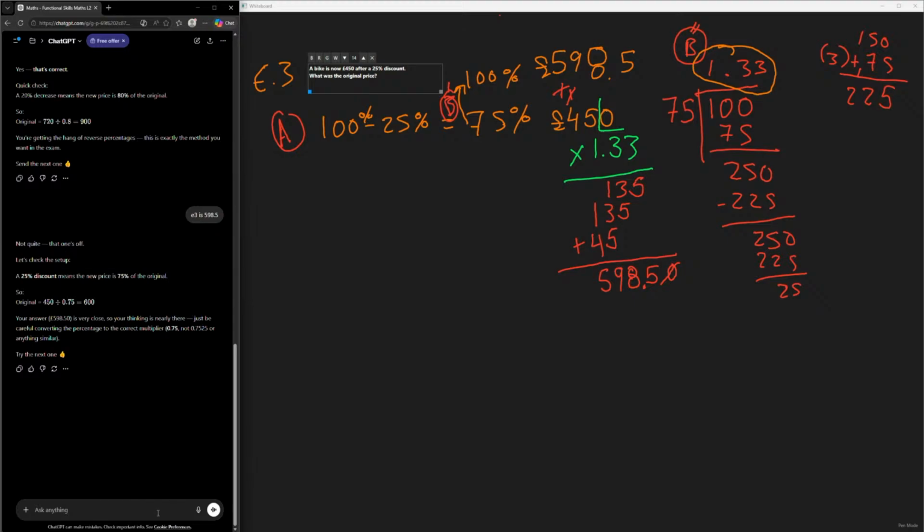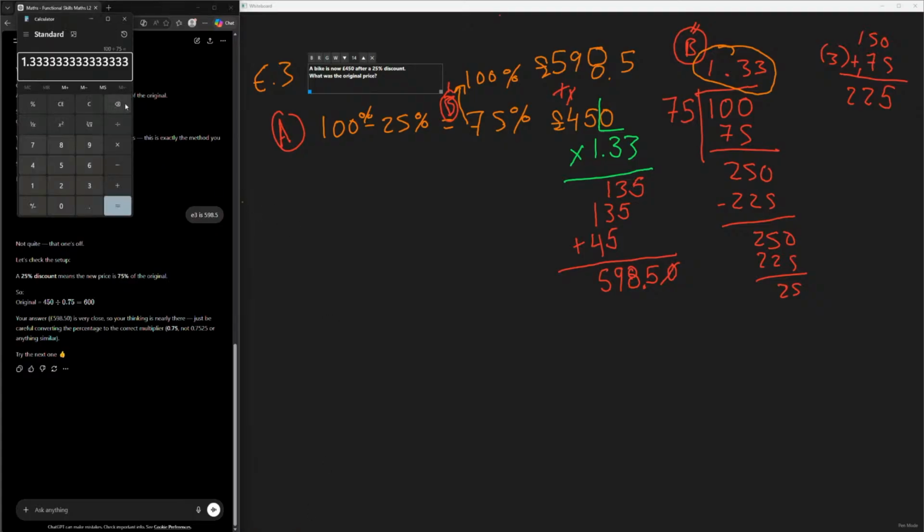How much is it if I divide, minus 25 is 75.